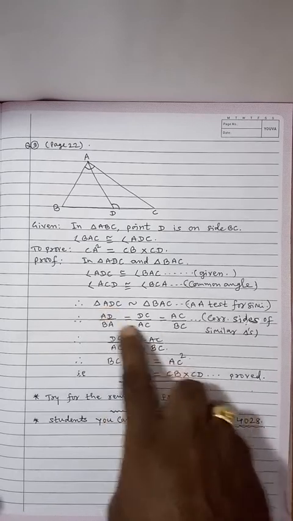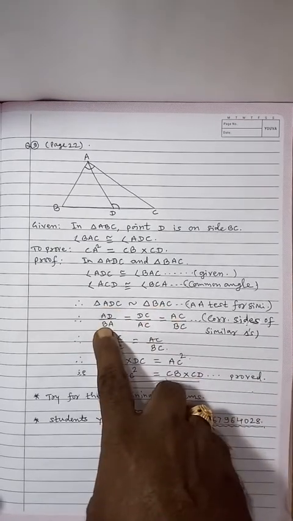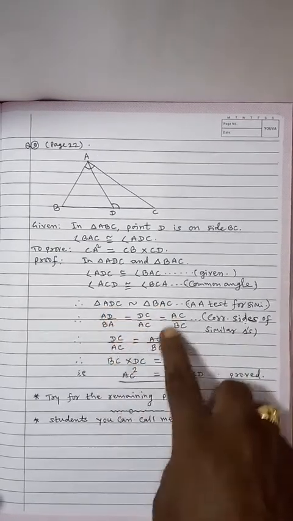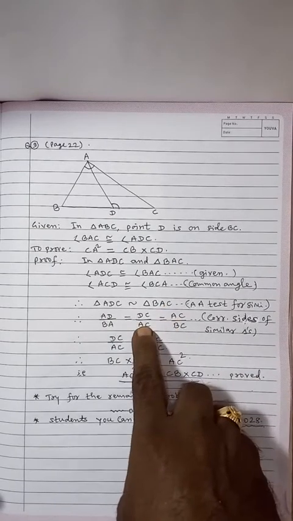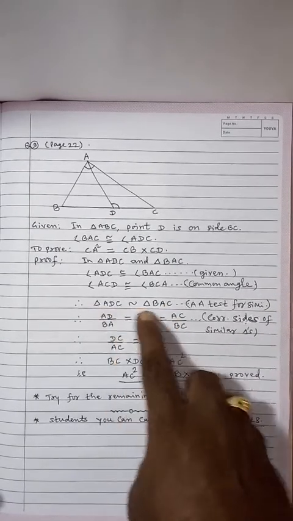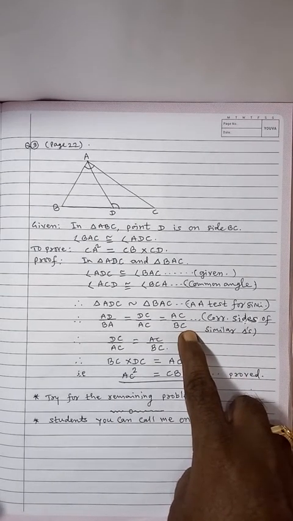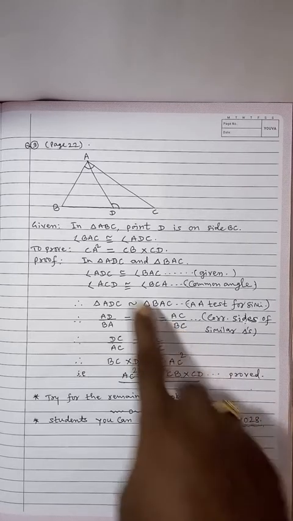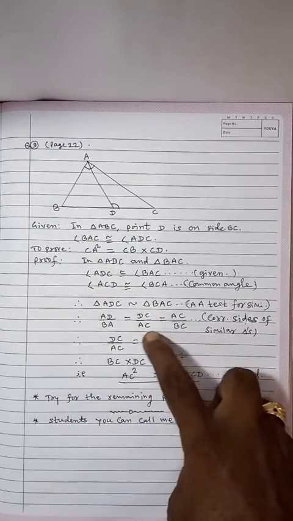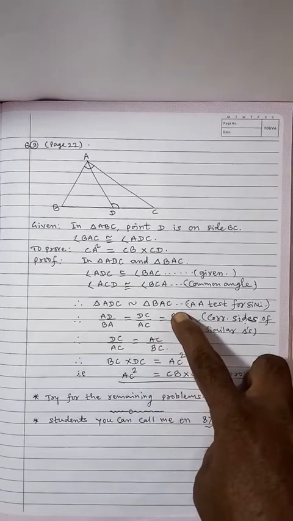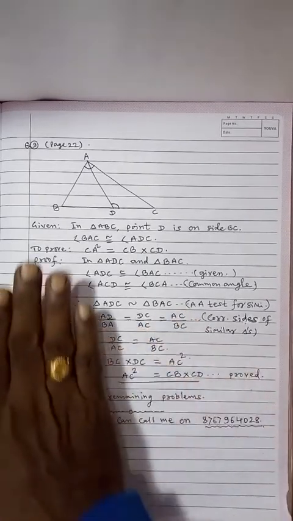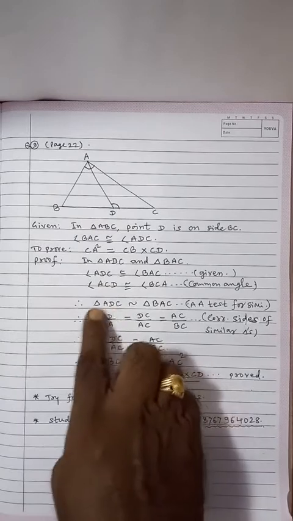So AD upon BA is equal to DC upon AC is equal to AC upon BC. Now pay attention. We have to show CA square is equal to CB into CD. Here it is AC, here it is AC, means CA. So this part is required, this ratio is not required.